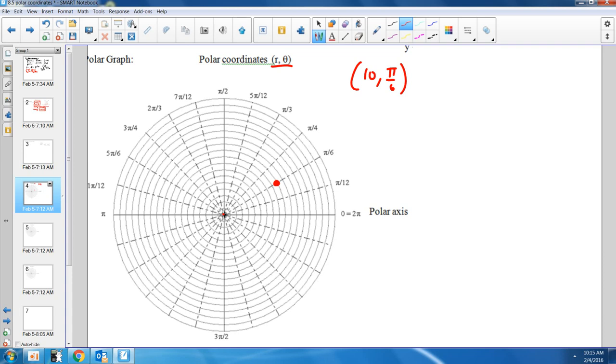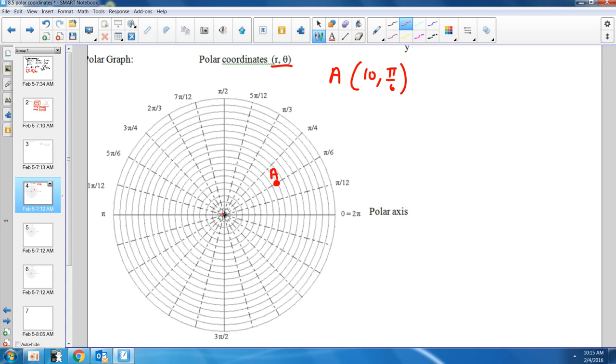And labeling these in the polar graph can get a little bit tricky because of all the lines involved. So I think I'll just letter coordinate this. So I'll just say this is point A and this is point A. I'll make it a little cleaner. So at this point, we know that I can graph that. It makes sense.